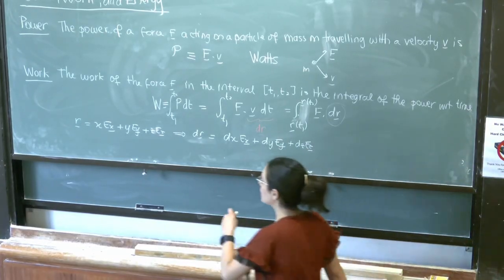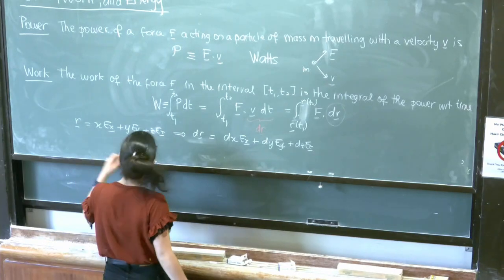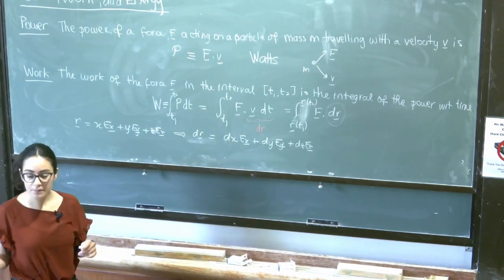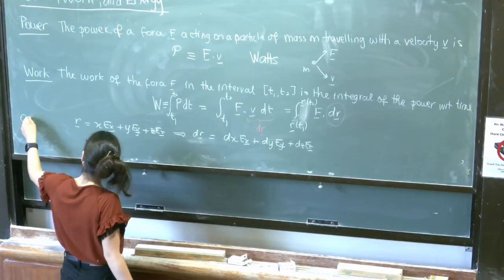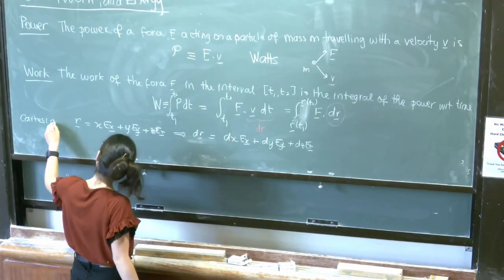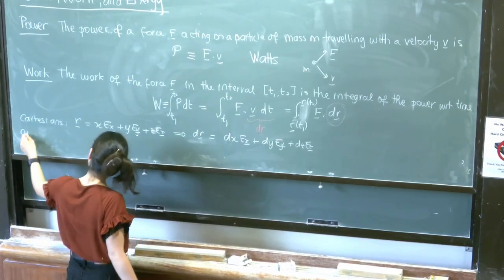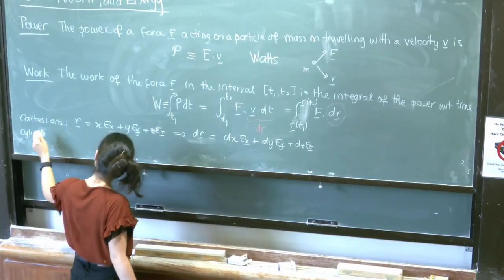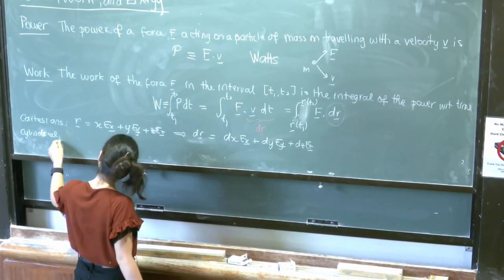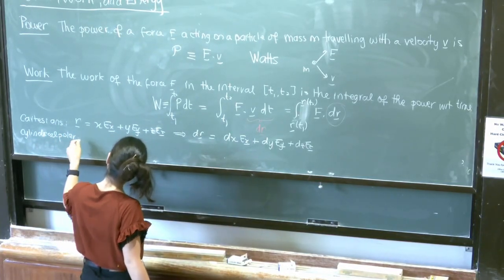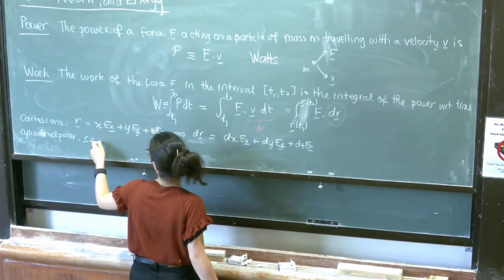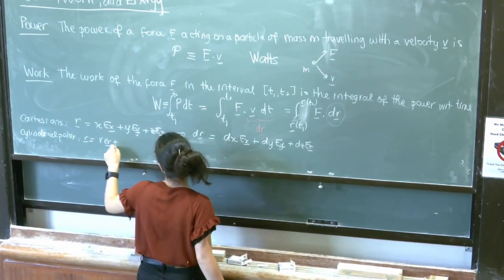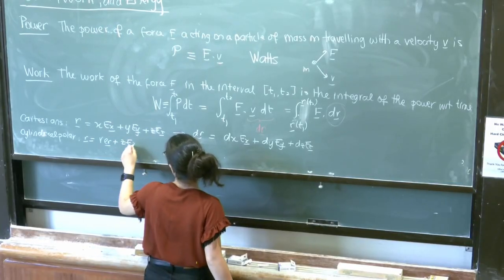Now take a minute, calculate dr in cylindrical polars and in the intrinsic basis. So that's for Cartesians. What about for the cylindrical polar? r is r er plus z ez.